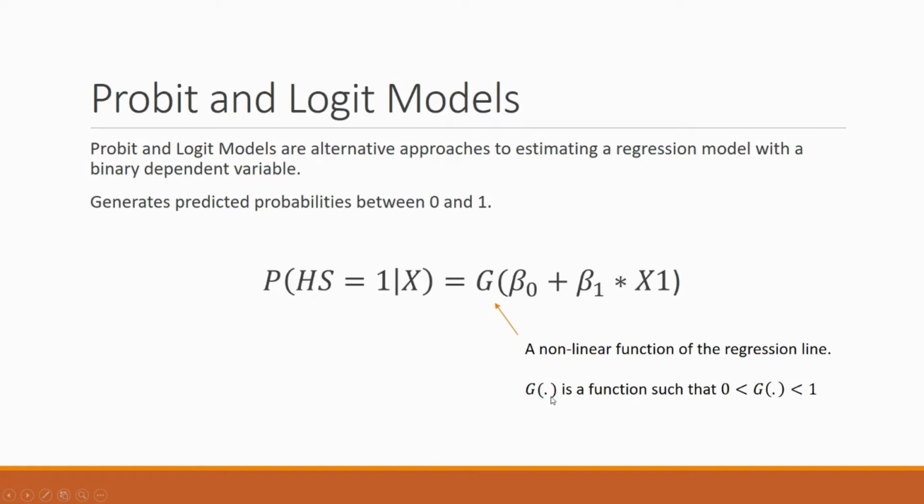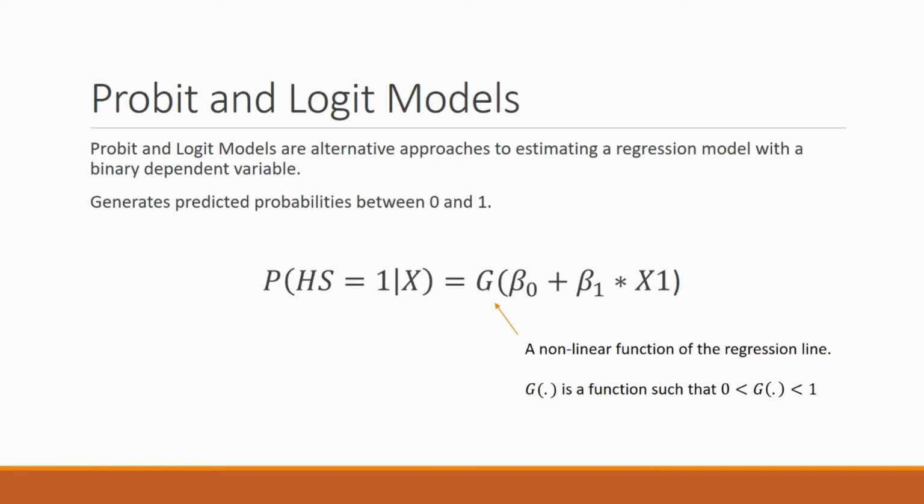This g function, g of something, is a function such that g is always greater than 0 and less than 1. When we do this, we're guaranteeing that the probability that the dependent variable equals 1 is between 0 and 1, and that makes sense. You can't have more than a 100% probability that someone will have a high school degree.